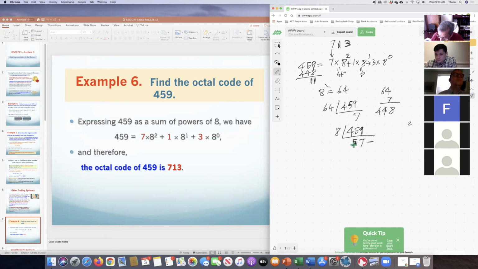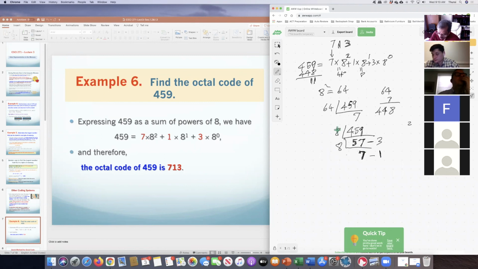And then there's a remainder of 5, so 59. 7 times, yeah, 57. So 8 goes into 459 57 times with the remainder of 3. So now divide by 8 again. 8 times 7 is 56. So there's a 1 remainder. That's it. Then the number is now less than 8. So until you get the number less than 8, you have to keep it going.